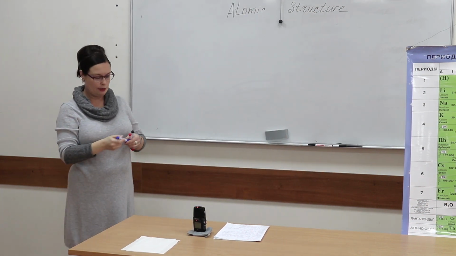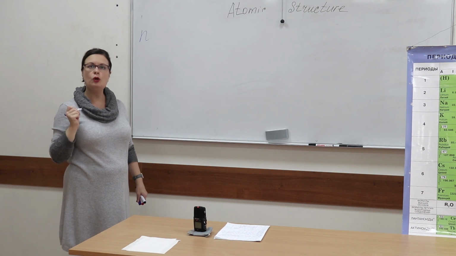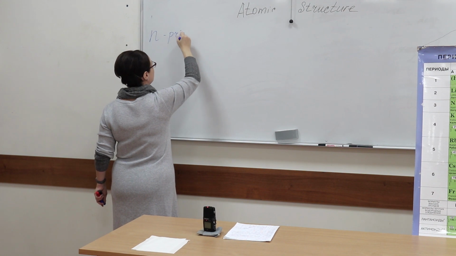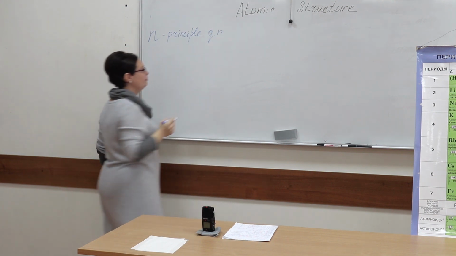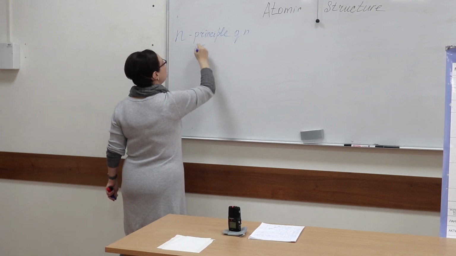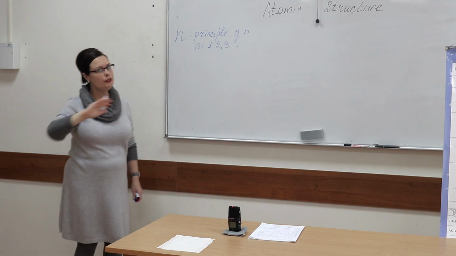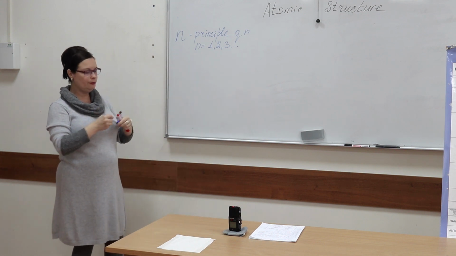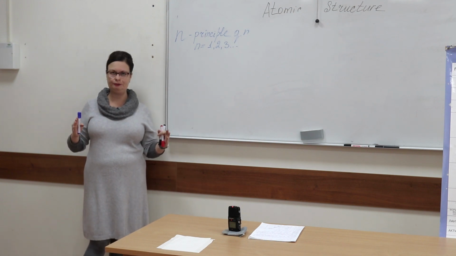The first quantum number, marked as n, is the main quantum number, or principal quantum number. It can take only integer values. n can be equal to 1, 2, 3, and so on, but not 0, not 1.5. It shows the level on which the certain electron exists.